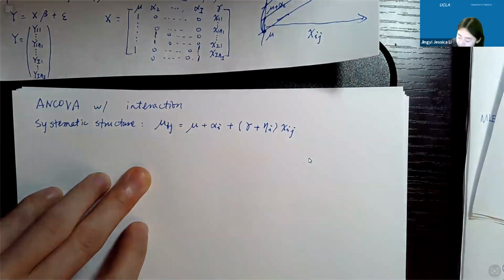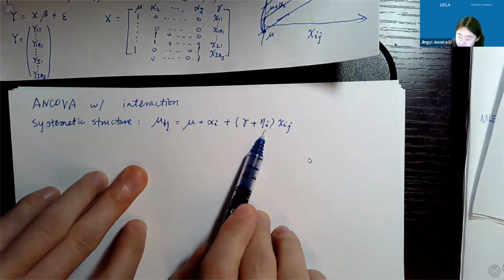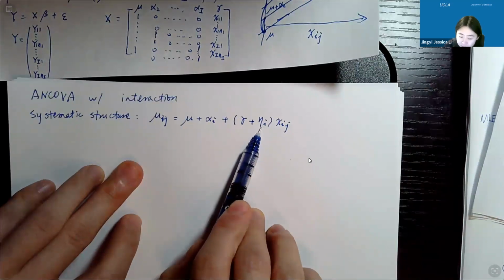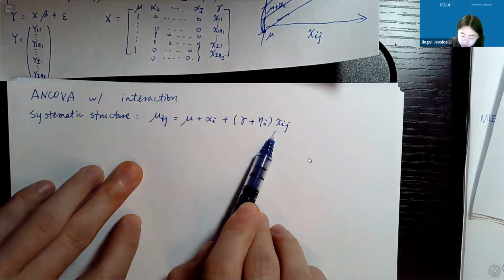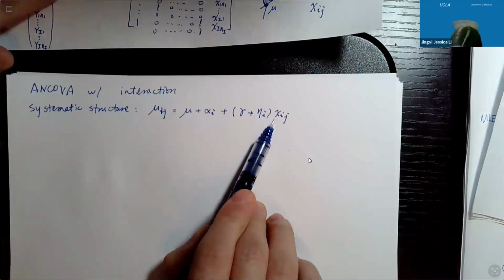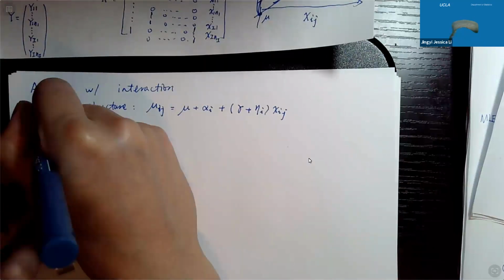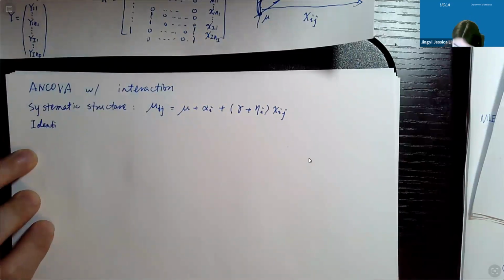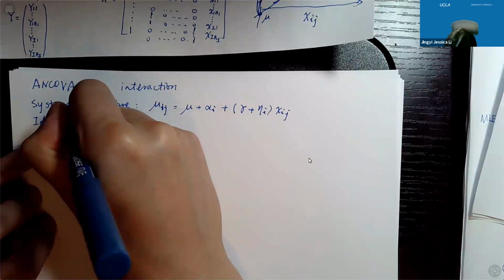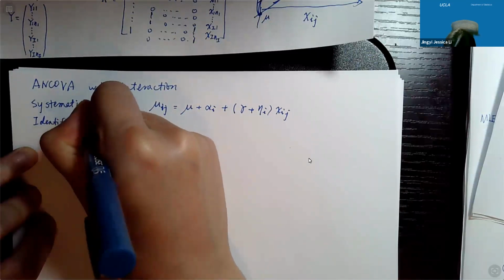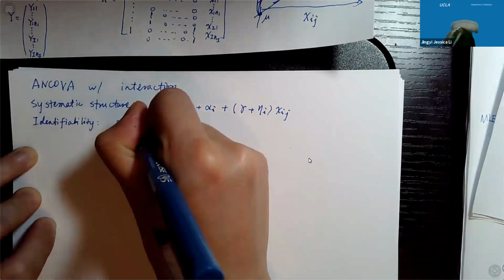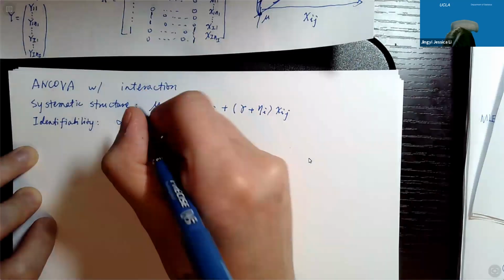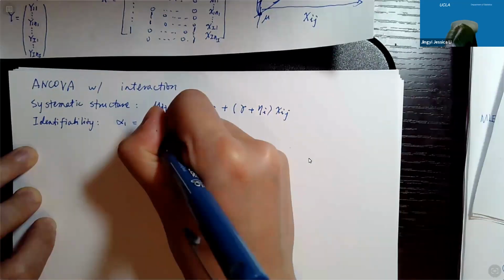So you see this eta i part is the change in the slope imposed by level i. So of course, for identifiability issues, we always need to set the first level to have no effect. That is, we set alpha 1 equals eta 1 equals 0.